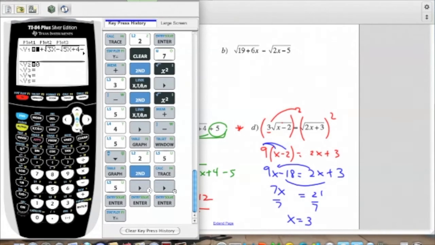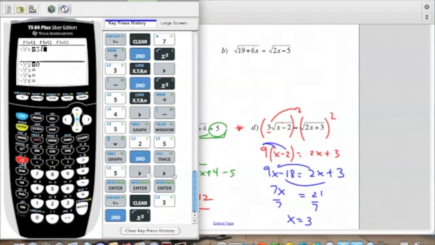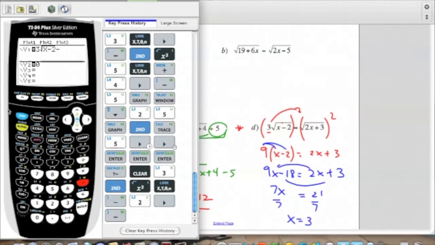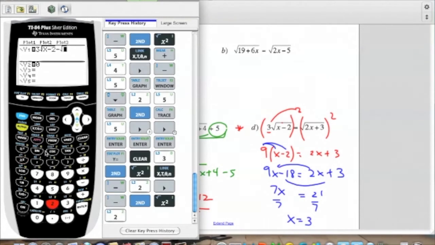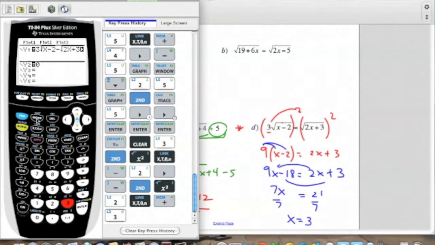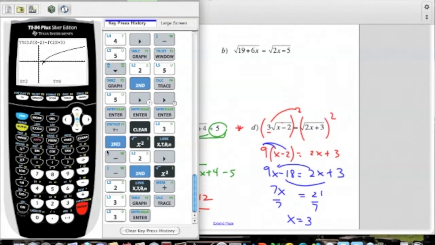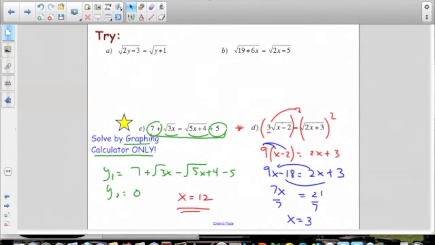So let's go to y equals, let's clear, let's type in 3 and go down here, type in x minus 2, and now we've moved the other one over, so it becomes minus the square root of 2x plus 3, and we get a graph, and we have an answer of 3, so trace 3, enter, and voila, we got a 0. So we know that is an answer.